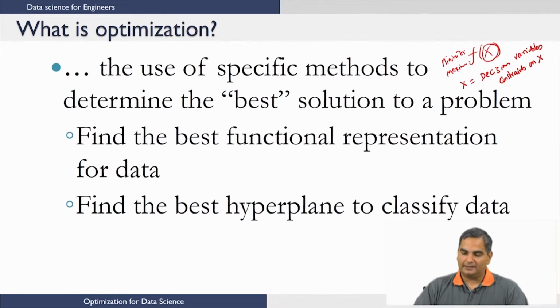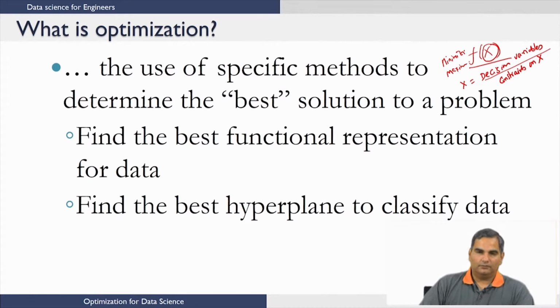So, I have an objective which I am trying to maximize or minimize. I have decision variables which I can choose values for that will either maximize or minimize the function. However, I might not have complete control over this x. There might be some restrictions on x, which are the constraints on x, which I have to satisfy while I solve this optimization problem.